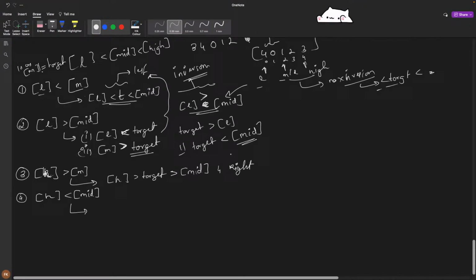Or what if I had values like this? Target is 5.